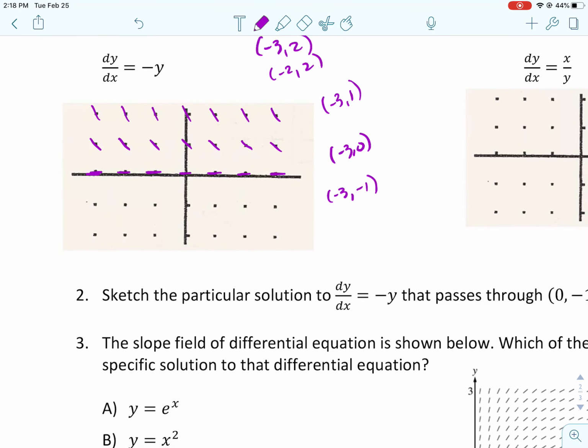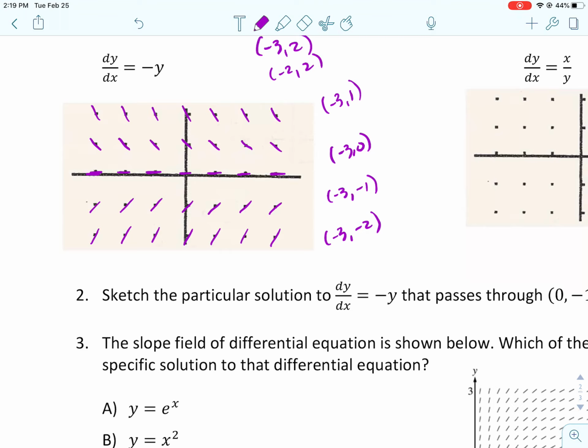And then the next row of dots, to the far left, we have negative 3, negative 1, so my slope's going to be 1 for all of those, because all of those have negative 1 as the y coordinate. And then our very last row, we're going to have slopes of 2. That's it. That's the slope field.